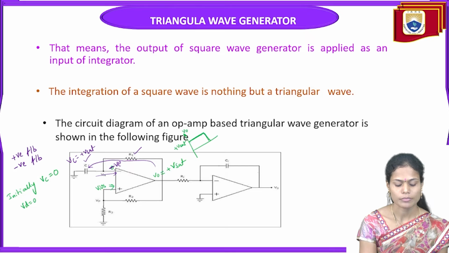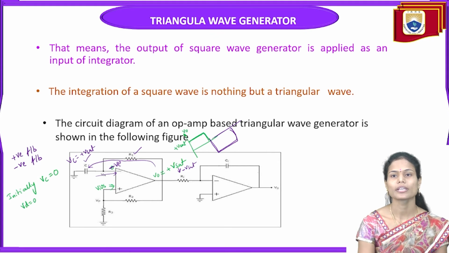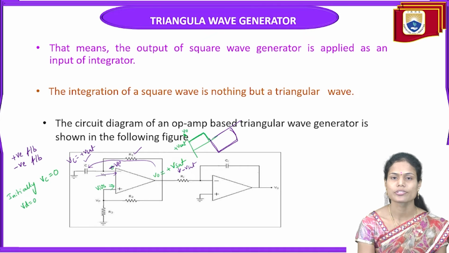In this case the inverting voltage is greater than the non-inverting voltage, so obviously my output will move from plus Vsat to minus V saturation. That is how my signal comes. Since the output is minus Vsat, the capacitor will start discharging through resistance R1.